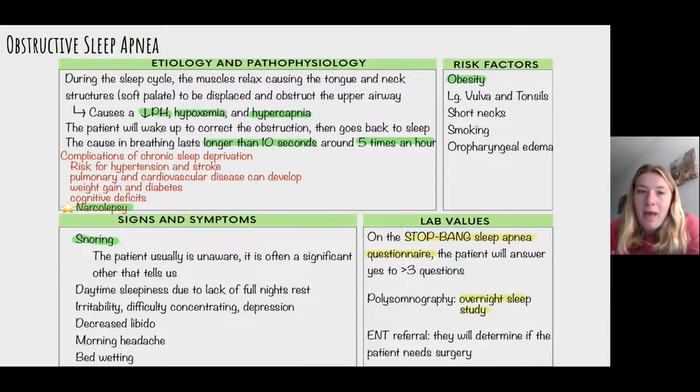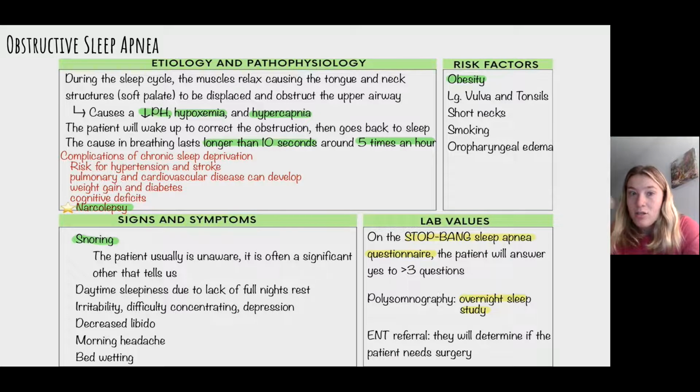So our obstructive sleep apnea, this is, again, another chronic issue, really linked to obesity, people with short necks, if they have like larger mouth structures, smoking, etc. So essentially what happens is during sleep, the muscles of the tongue and neck relax. What does this cause?